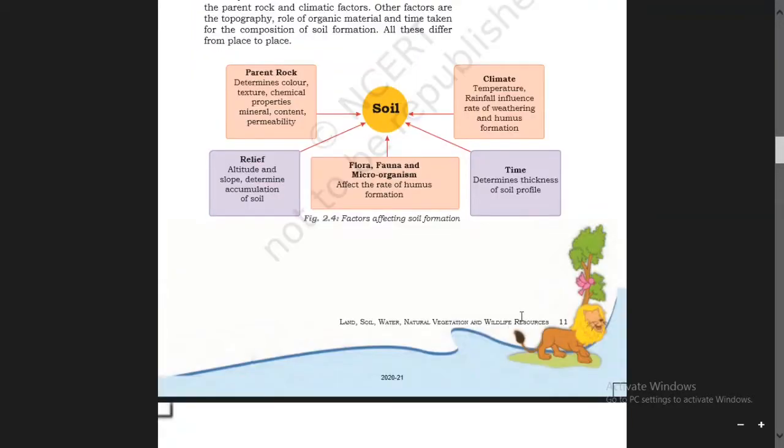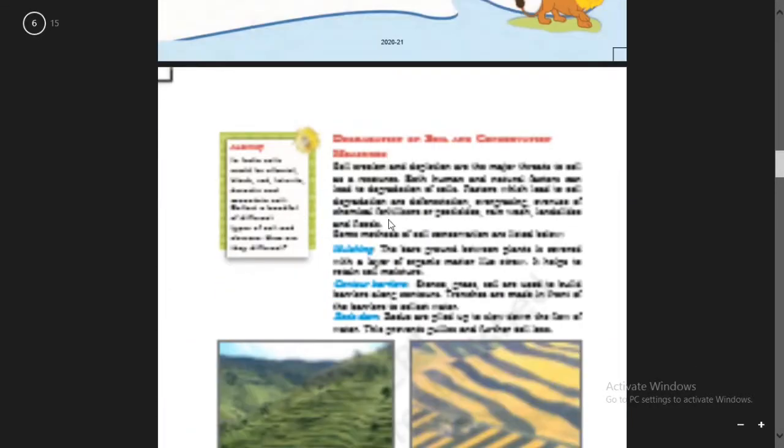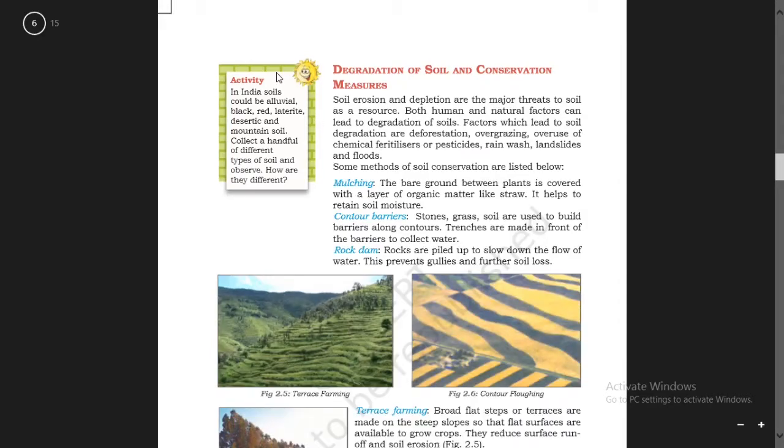Let us see the next page, page number 12. First of all, you see activity. In India, soils could be alluvial, black, red, laterite, desertic, and mountain soil. So these are the main types of soil which are found in India, boys.